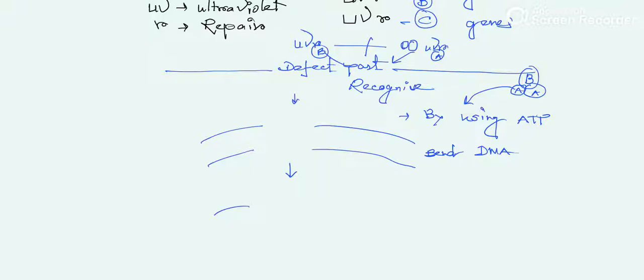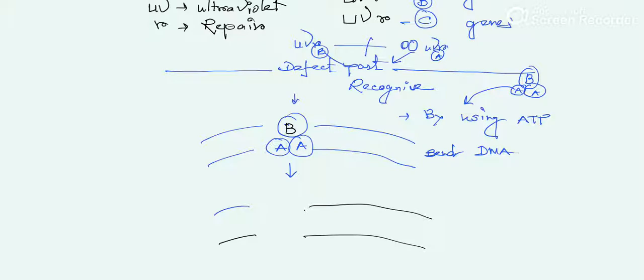In the next step, suppose a trimer is present, 2 UVRA and 1 UVRB. These are 2 UVRA and this is UVRB. But in this part, suppose the UVRA part is released. So 2 UVRA have already been released, only UVRB is present there.